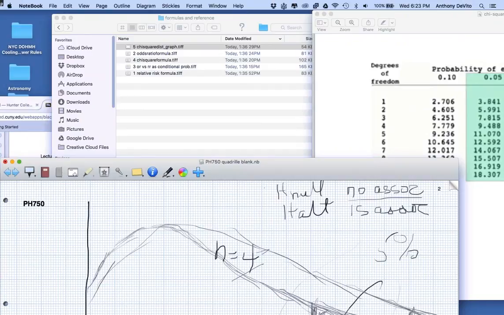The only problem with that is that, fine, you reject the null hypothesis, right? But the chi-square table doesn't give you a p-value. It just tells you the probability is less than 5% that you would get that outcome.